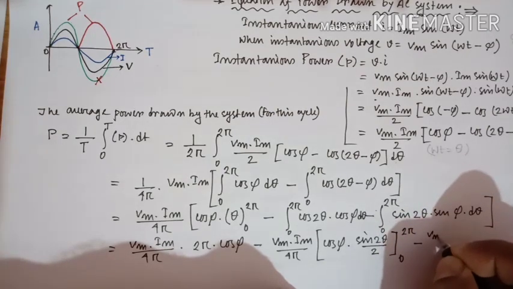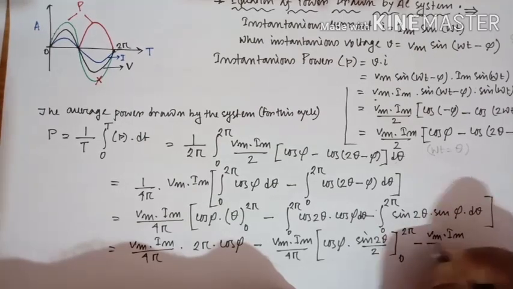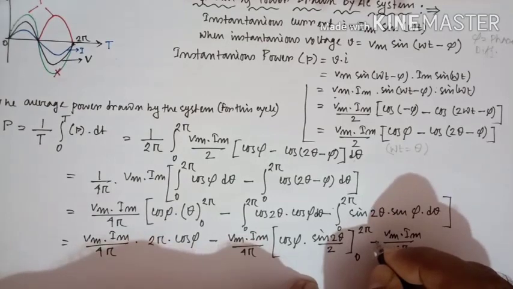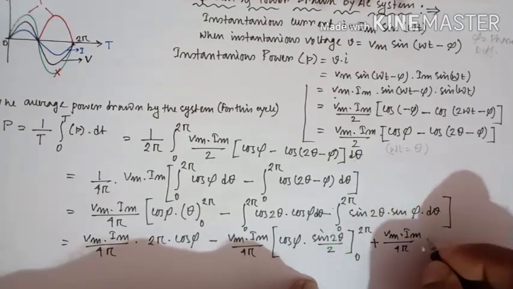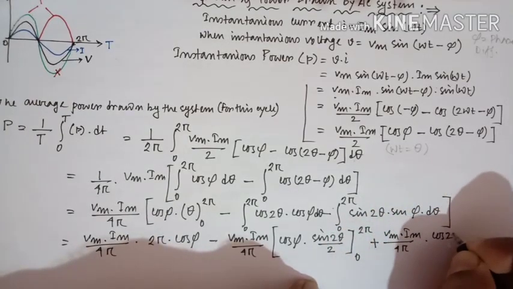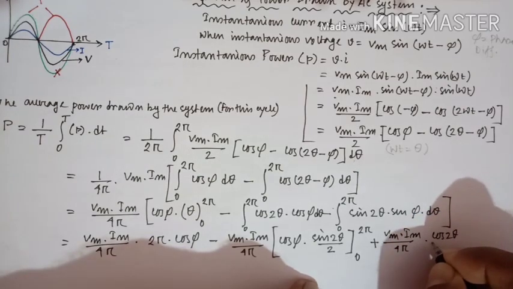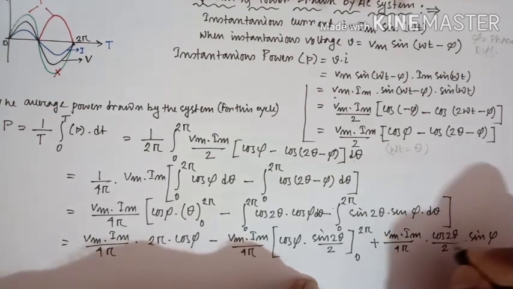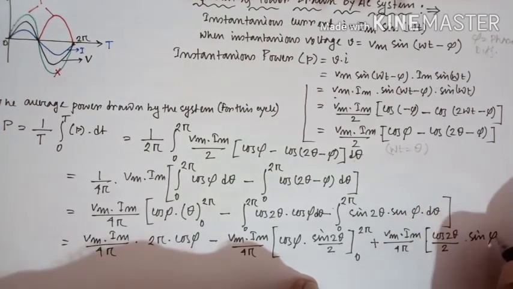So I am writing here Vm into Im divided by 4 pi, minus it will get into plus, so it will be cos 2 theta by 2 into sin phi when theta changes from 0 to 2 pi.